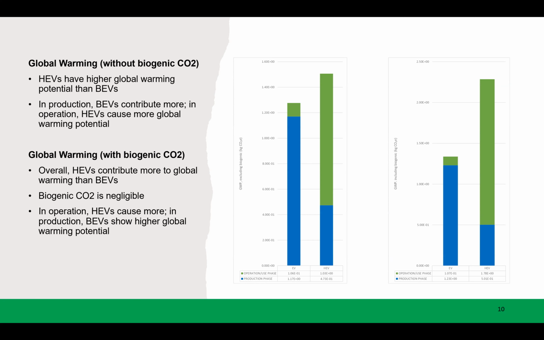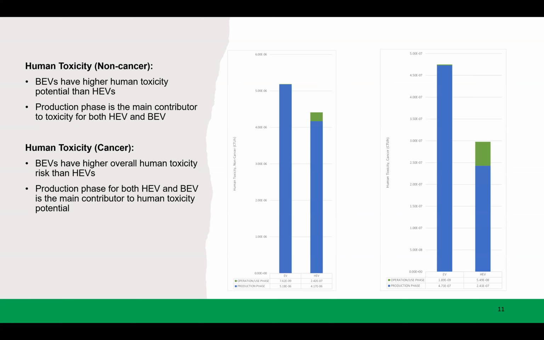When we move to the next slide about human toxicity, either cancer or non-cancer, here the trend is a little bit different, where EV causes more human toxicity potential than the HEV, and EV causes more in the production phase rather than the operation phase.